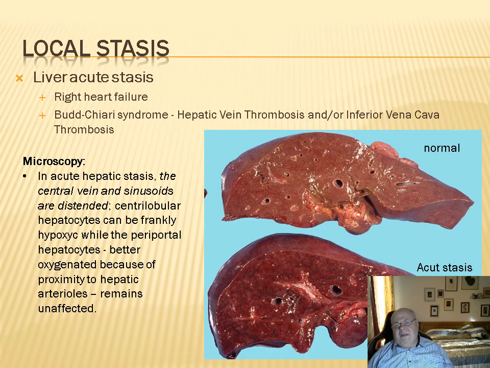In the acute stasis of the liver, obviously, the liver will become larger and a little bit more bluish in color as a result of accumulation of venous blood inside the liver.